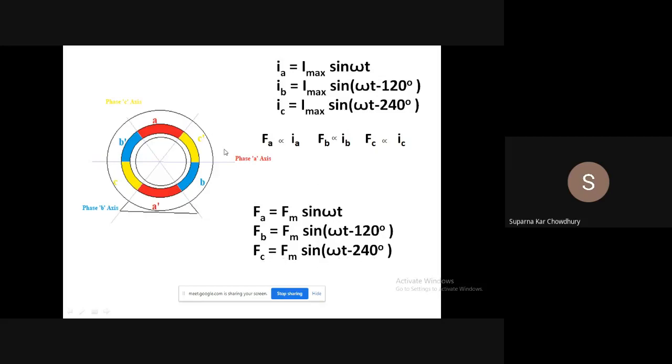If we consider the three windings independently, each winding creates a pulsating field along its axis. So phase A will create FA along phase A axis, phase B will create FB along phase B axis, and phase C will create FC along phase C axis.